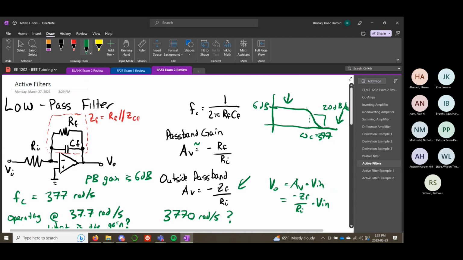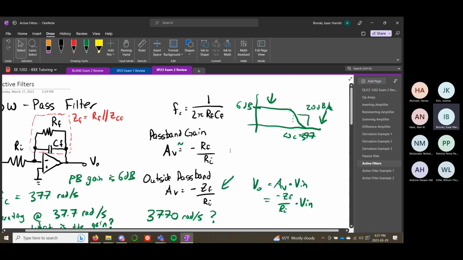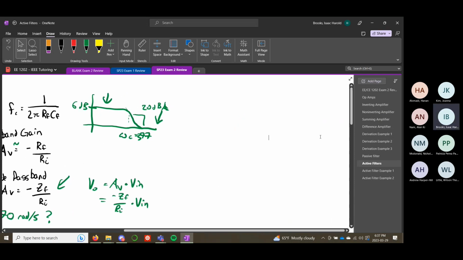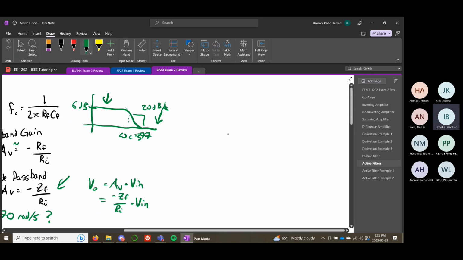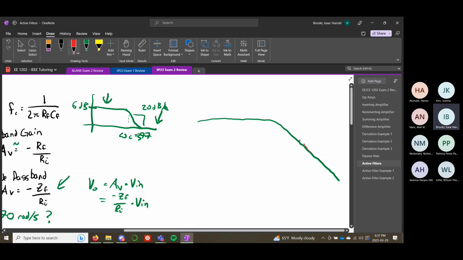One important thing about this linear approximation, this 20 decibels per decade, is the shape of it. I'm going to zoom away from this for a second for an illustration. This is a linear approximation. So if we were to zoom in on this elbow, this corner of your gain equation, this linear approximation looks like this.